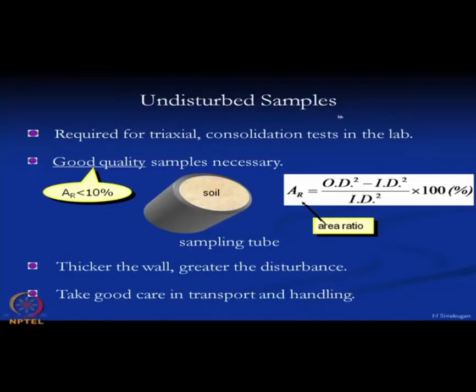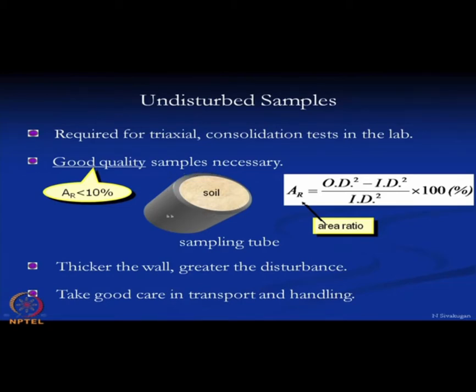Now, for undisturbed soil samples, there are some conditions we have to follow. What is the requirement for a sample to be undisturbed? For the triaxial and consolidation tests in the lab, good quality samples are necessary. A sampler tube is a hollow tube with an inner diameter and an outer diameter.